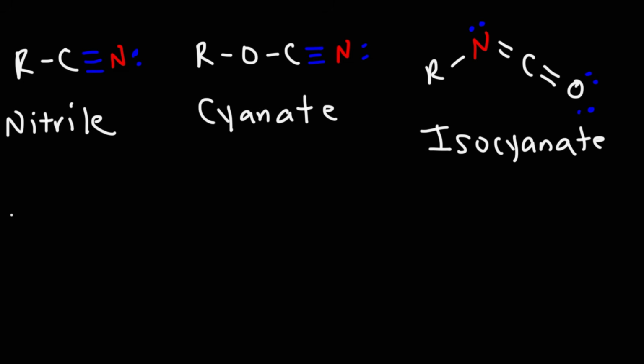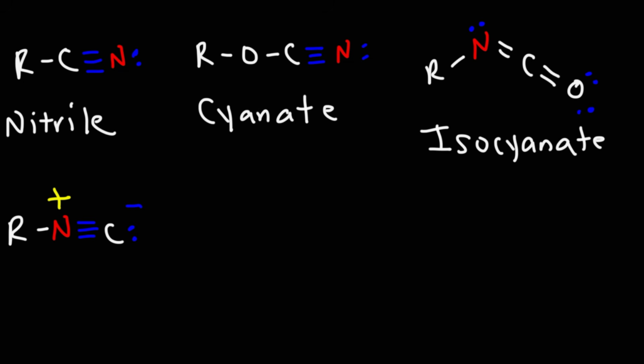Now, with that being said, what would you say for these functional groups? For the nitrile, what happens if we switch nitrogen and carbon? What do we get? The nitrogen is going to have a positive formal charge.